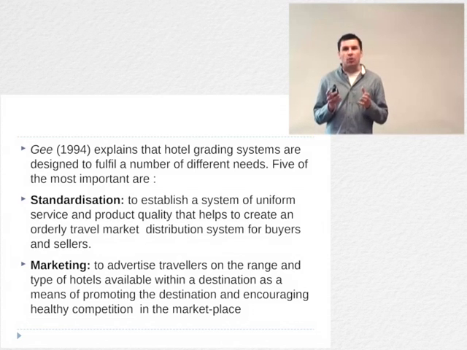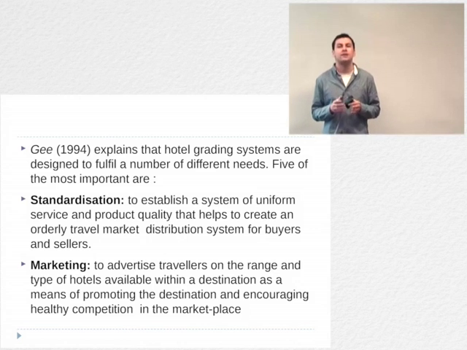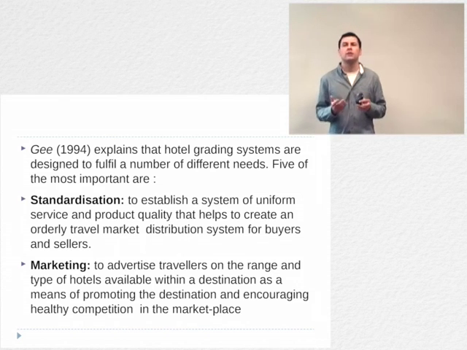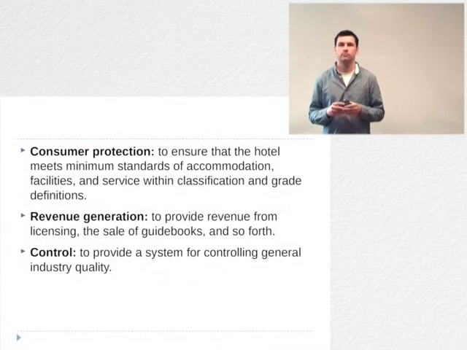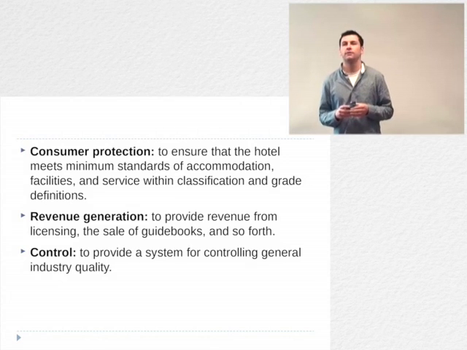Marketing. This is to advertise to travellers on the range and type of hotels available within a destination as a means of promoting the destination and encouraging healthy competition in the marketplace. Consumer protection.